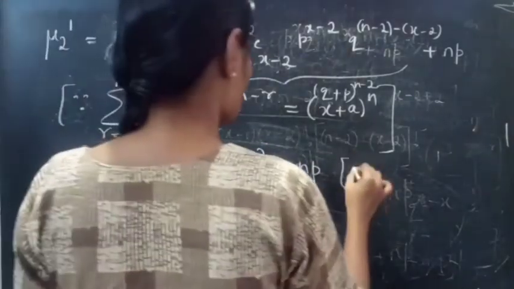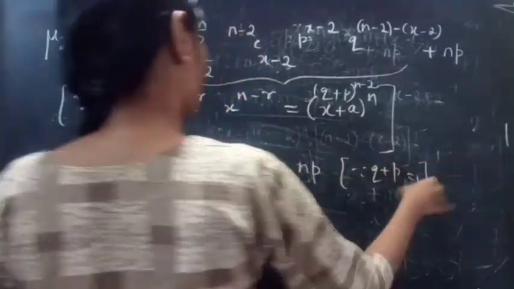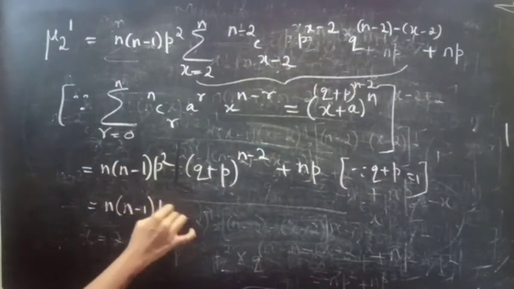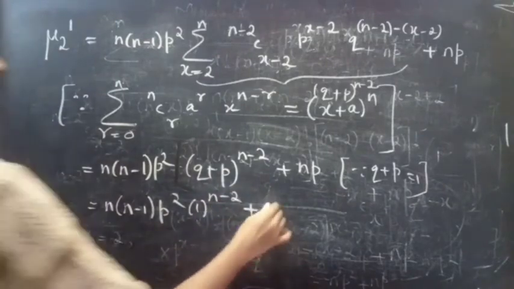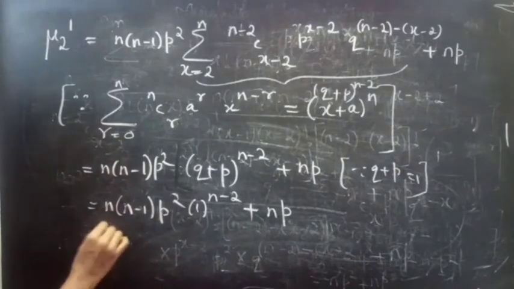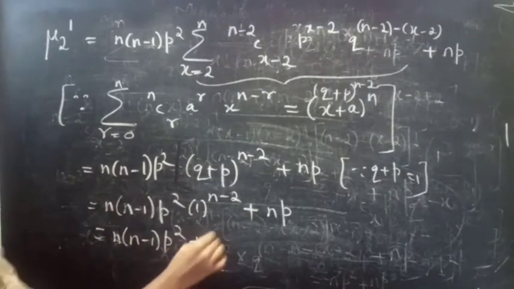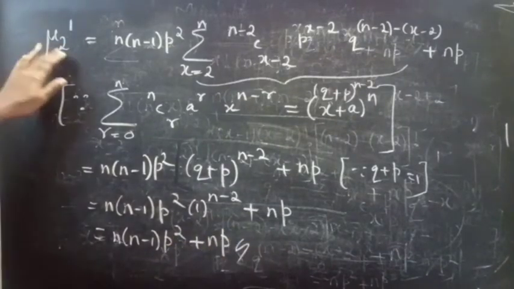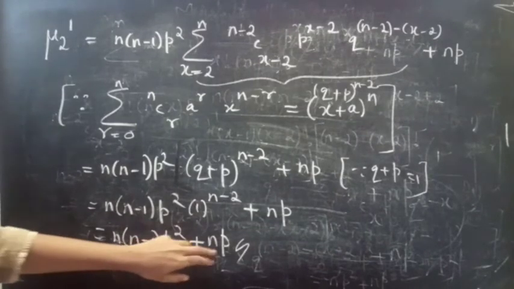Since p plus q equals 1, again you could write it as n into n minus 1 into p square into 1 power n minus 2 plus np. 1 power n minus 2 is again 1, so you'll get n into n minus 1 into p square plus np. Therefore mu2 dash equals n into n minus 1 into p square plus np.